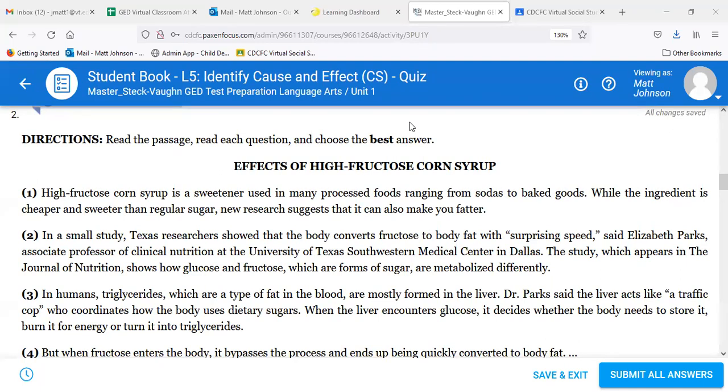The study, which appears in the Journal of Nutrition, shows how glucose and fructose, which are forms of sugar, are metabolized differently. In humans, triglycerides, which are a type of fat in the blood, are mostly formed in the liver. Dr. Parks said the liver acts like a traffic cop who coordinates how the body uses dietary sugars.